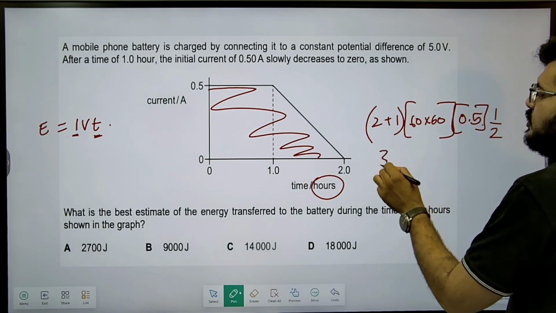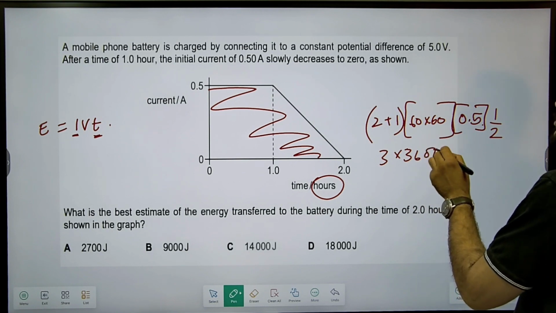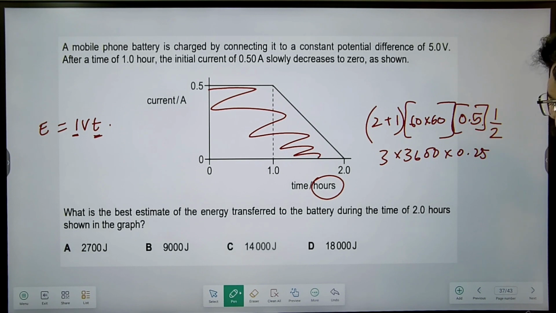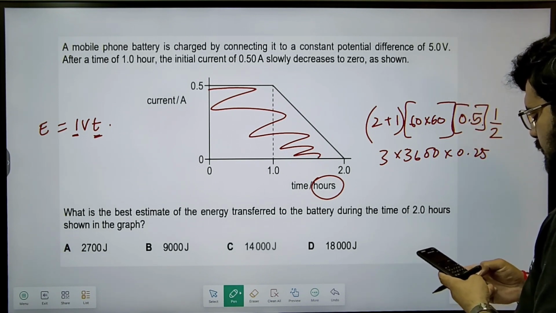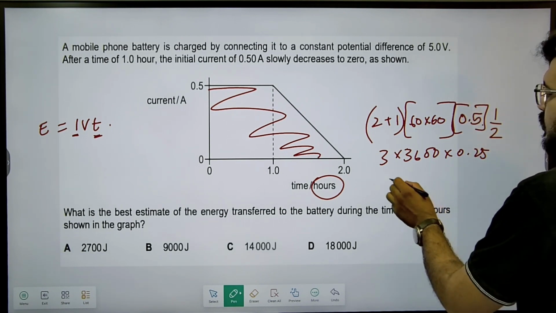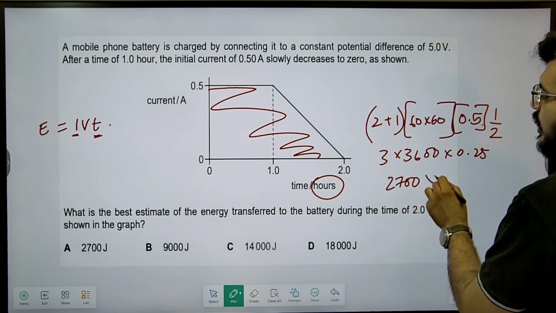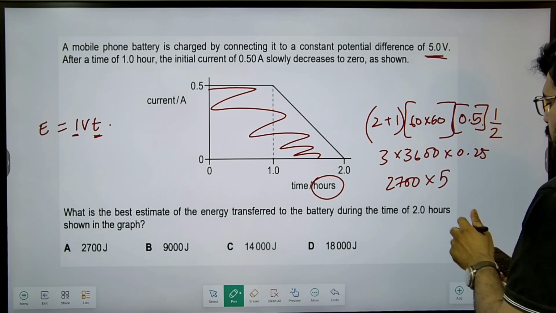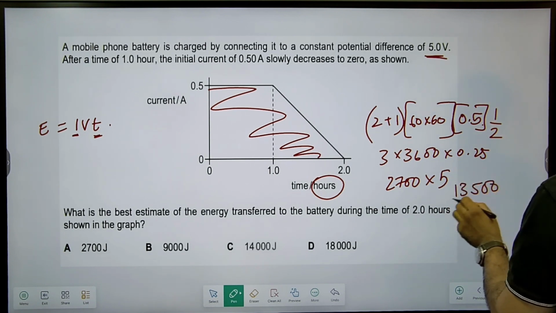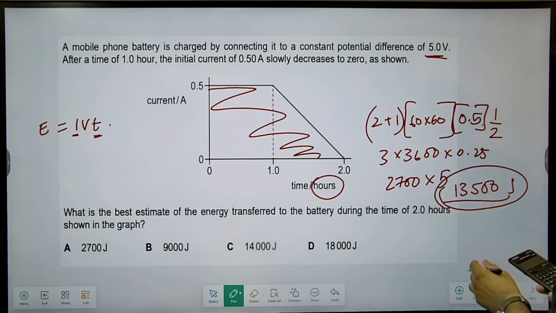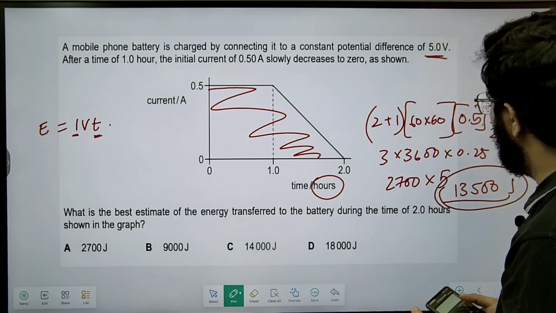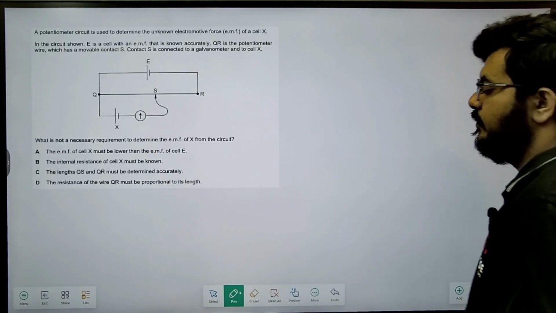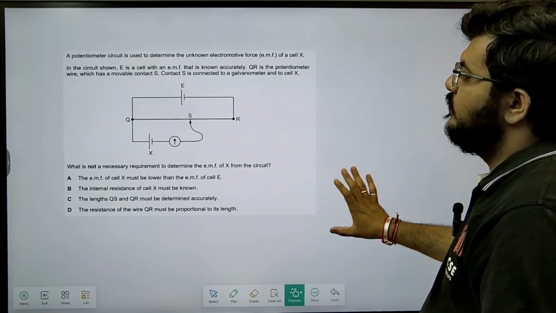So 3 into 3600 into 0.25 gives me 2700, multiplied by the constant voltage 5. So it gives me 13500 joules of estimated energy. 13500 can be rounded off to 14,000. Then we have one more question from electricity.